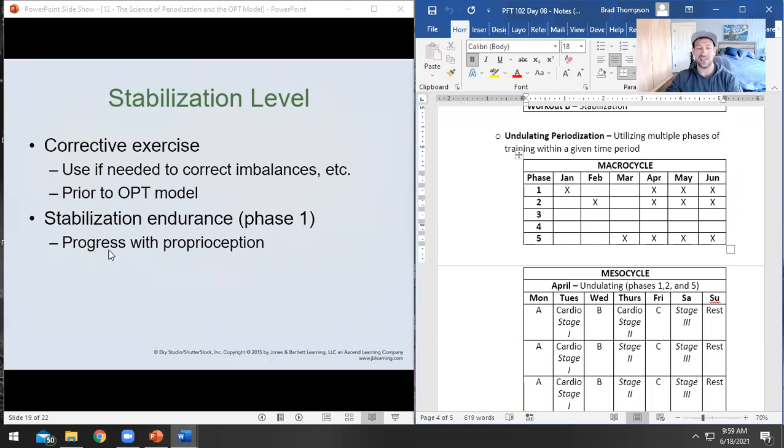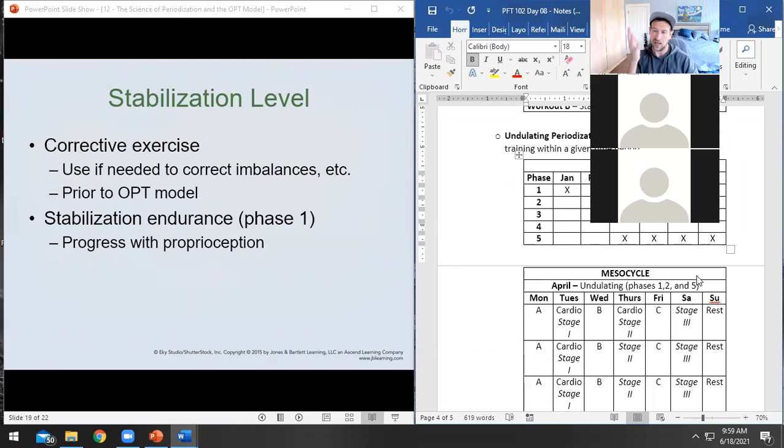Well, you're going to progress things by enhancing the proprioception, meaning that you are making it harder by making the exercise more unstable, right? So if I was training Thomas and he's in the corrective exercise phase or the stabilization endurance phase, I would say, all right, we're going to do a single leg shoulder press today.